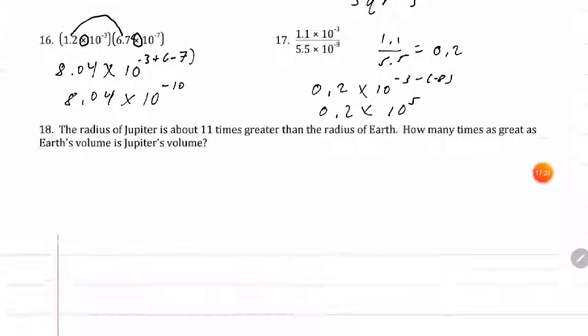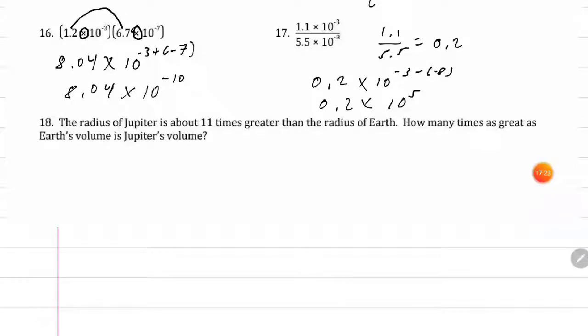Alright, one more problem and then I'll let you guys go. The radius of Jupiter is about 11 times greater than the radius of the Earth. How many times as great as Earth's volume is Jupiter's volume? Okay, so they're saying the radius of Jupiter is equal to 11 times the radius of Earth.